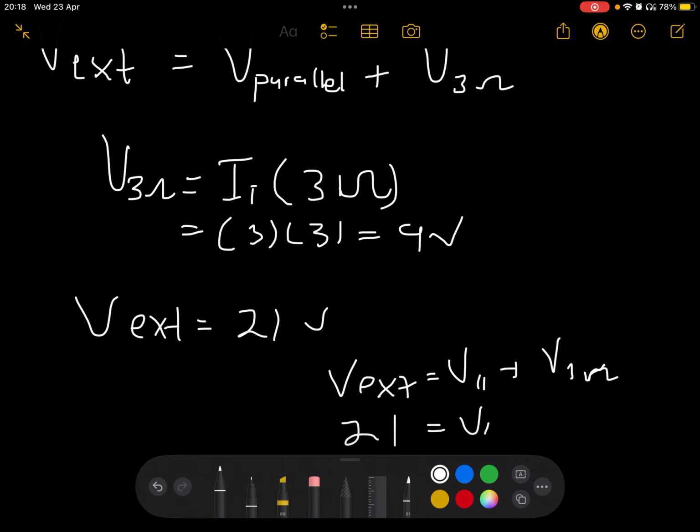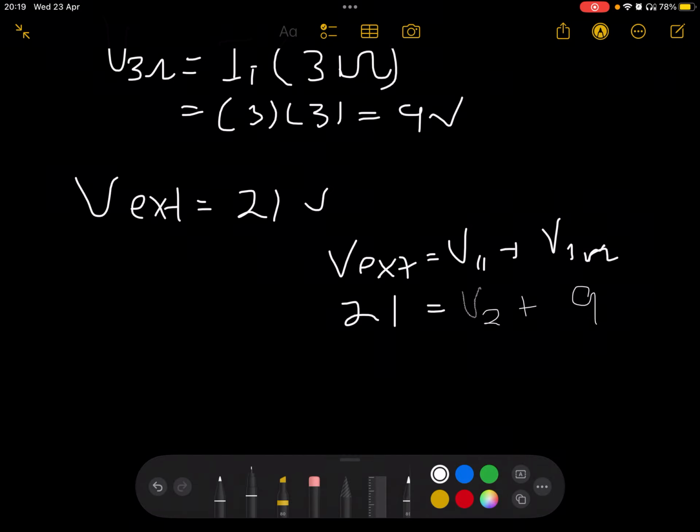So we can simply write this as V2 instead of V of parallel, plus the one we just calculated, V of 3 ohm, it's 9. And when we calculate our V2, we find that V2 is equal to 21 minus 9, that'll be 12 volts.